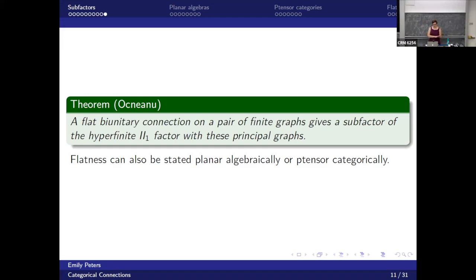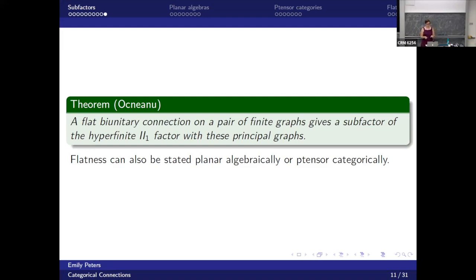And this is really the strength of this approach, that we're able to get at these big, infinite, slippery things in this combinatorial way.